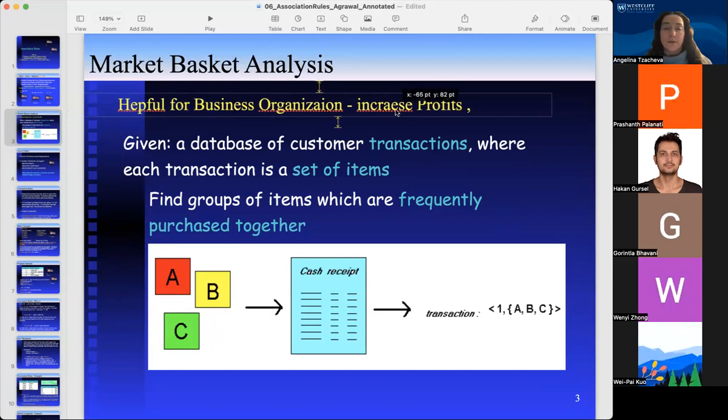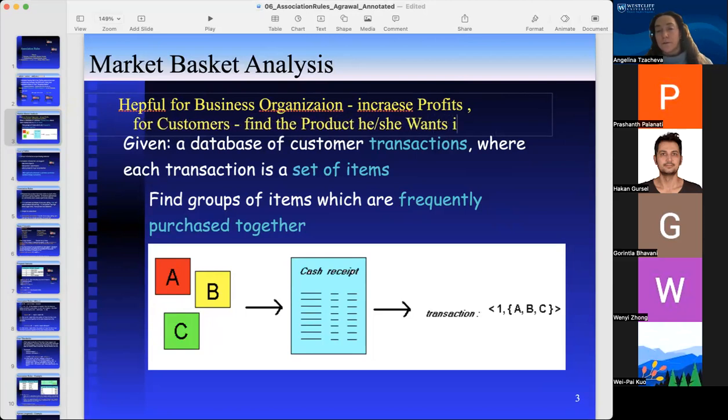Okay, so for business organizations, increase profits, and for customers, find the products. It's interesting.